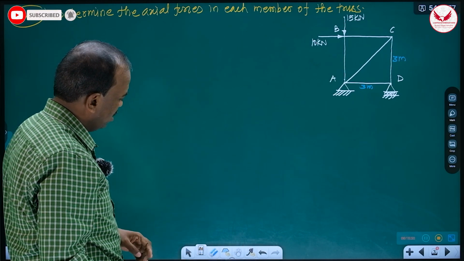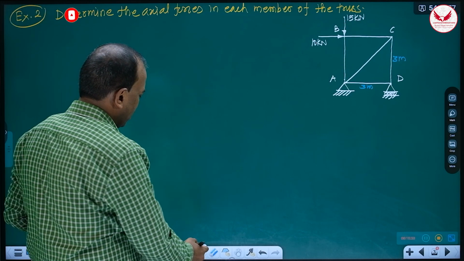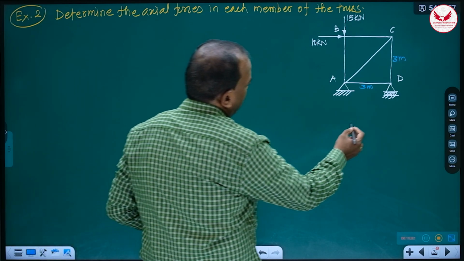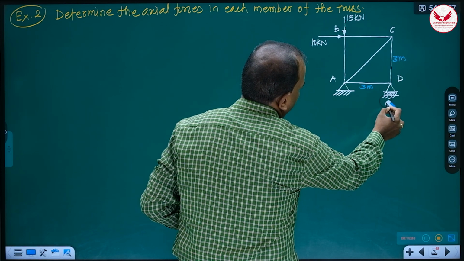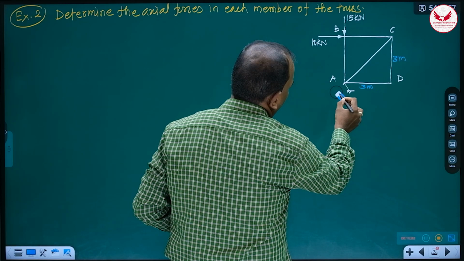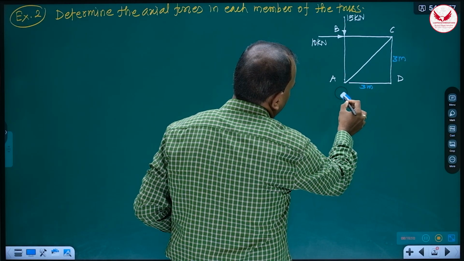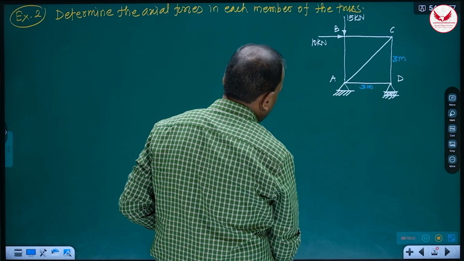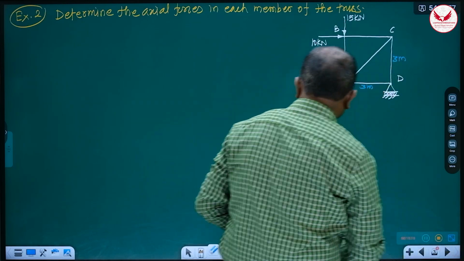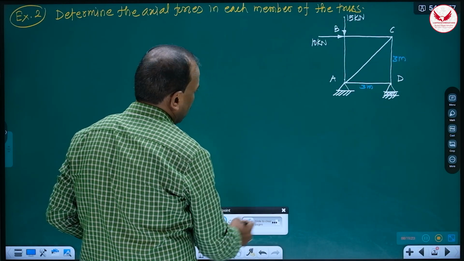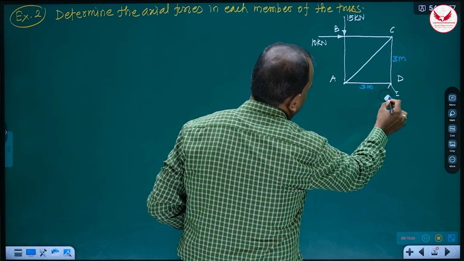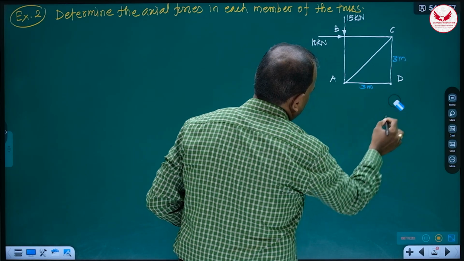So as I told, the very first step in the trusses is what? So we have to replace these supports. Actually it is the roller support, means single reaction at D and 2 reaction components at A. So here there will be 2 reaction components, and here a single reaction.